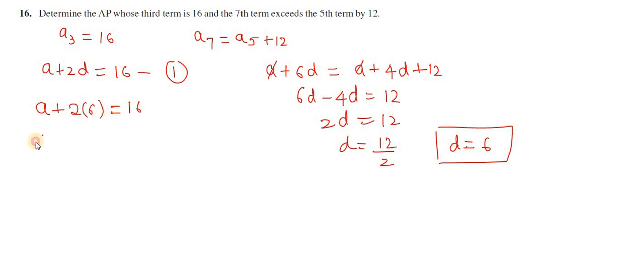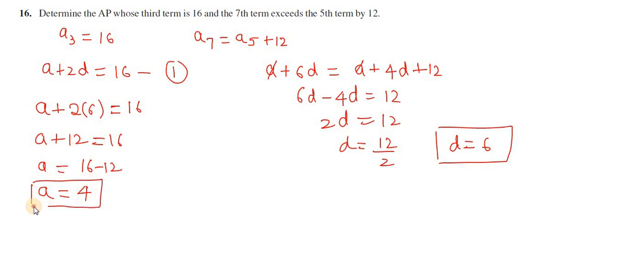Then A plus 6, 2 sixes are 12, is equal to 16. So A is equal to 16 minus 12, which is 4. So we got the A value and also the D value.